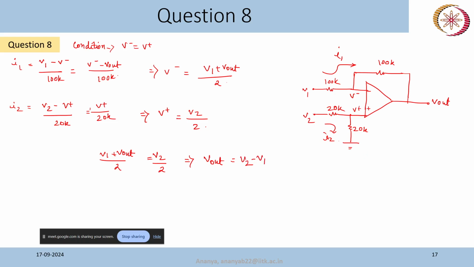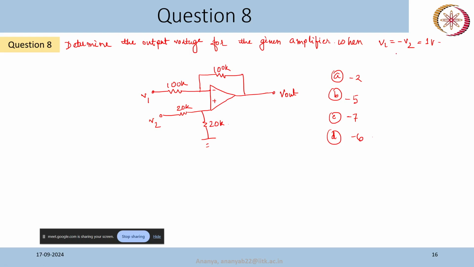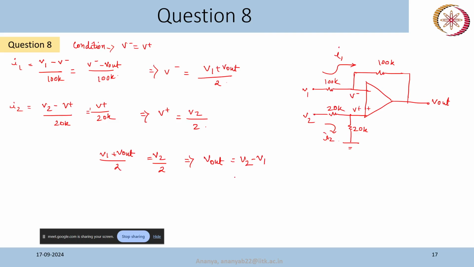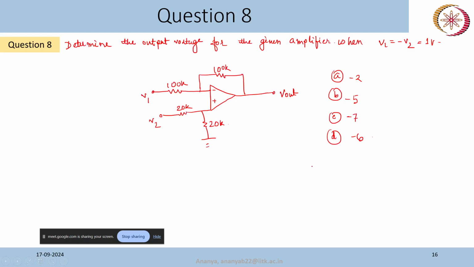So the gain for this is equal to 1, you can say that this is a differential amplifier and V out is equal to V2 minus V1. Now in the question it is given V1 is equal to minus V2 is equal to 1 volt. So V out is equal to V2 minus V1, so did I make any mistakes?